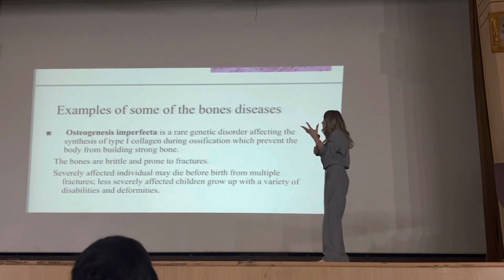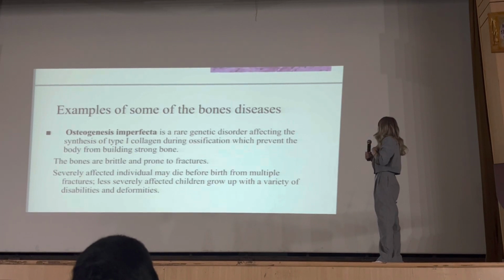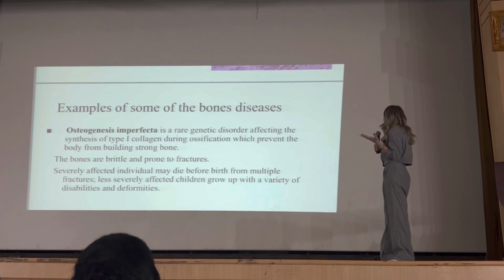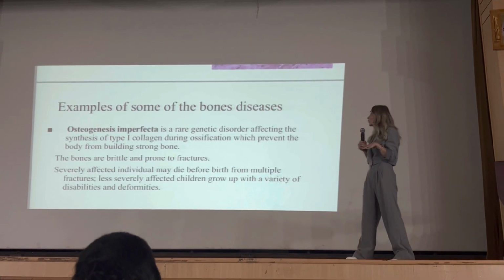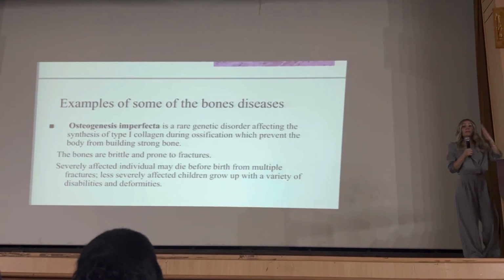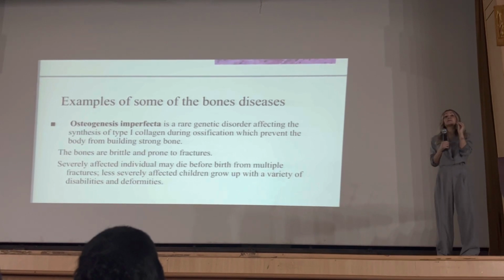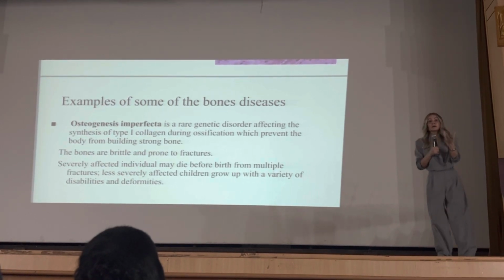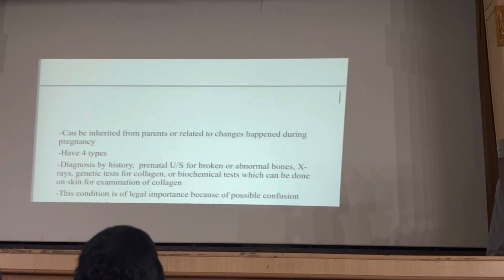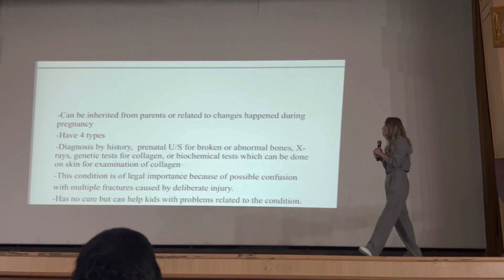with life. Severe cases die before birth from multiple fractures. Less severely affected children grow up with a variety of disabilities and deformities. In the most severe cases there are multiple fractures because the bone is brittle, not strong enough, and prone to fracture. It can be inherited from parents or related to changes during pregnancy.